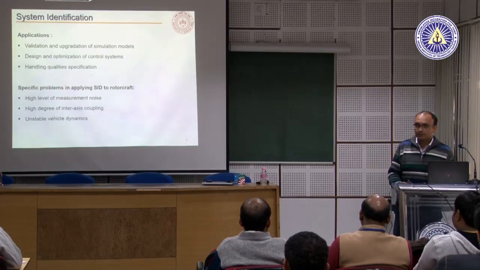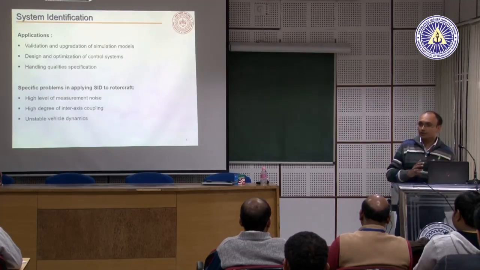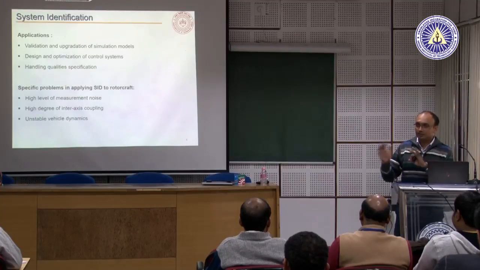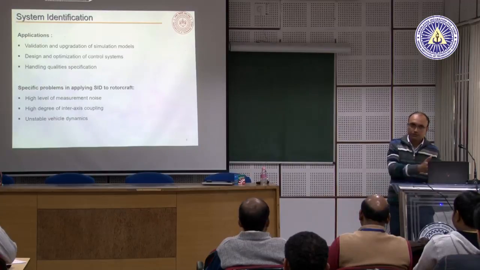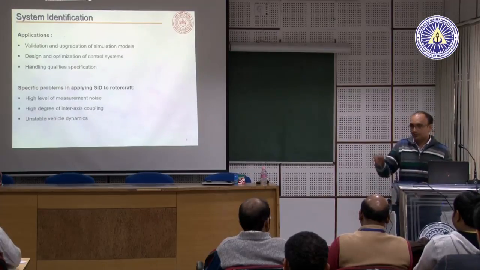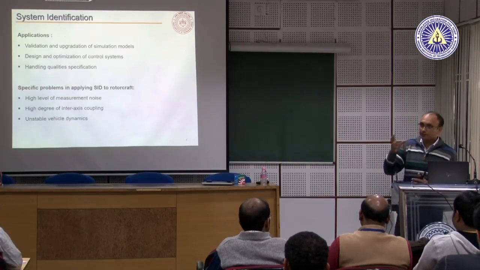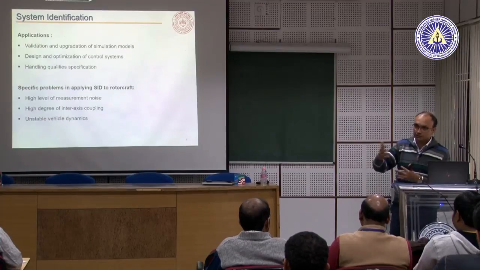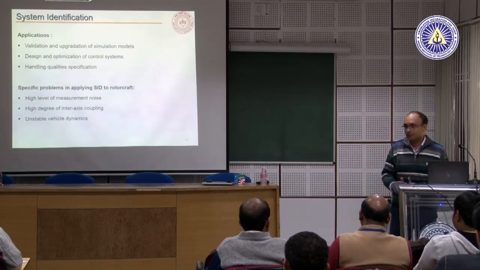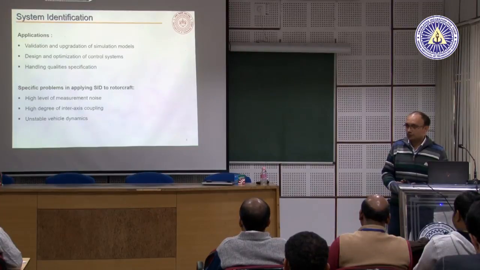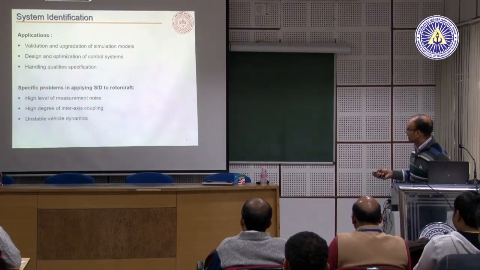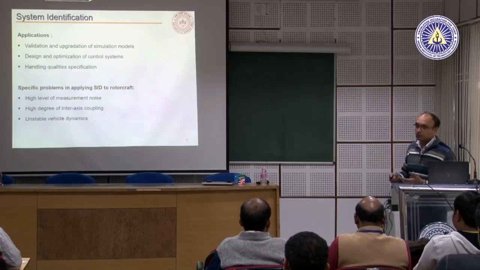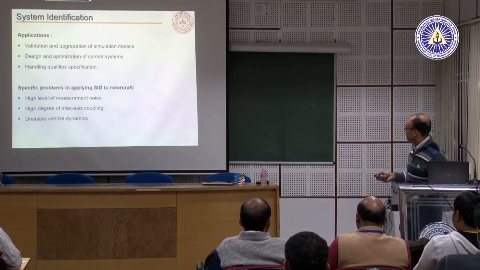When your clothes get collected on one side, the whole washing machine starts shaking like crazy. That is your rotating imbalance, because the CG is shifted to one side and you have an offset CG rotating at high speed. So there is centrifugal force generated because of that, and that creates a lot of vibration. All those vibrations are there, and as a consequence there is a high level of measurement noise. So your signal to noise ratio diminishes significantly.